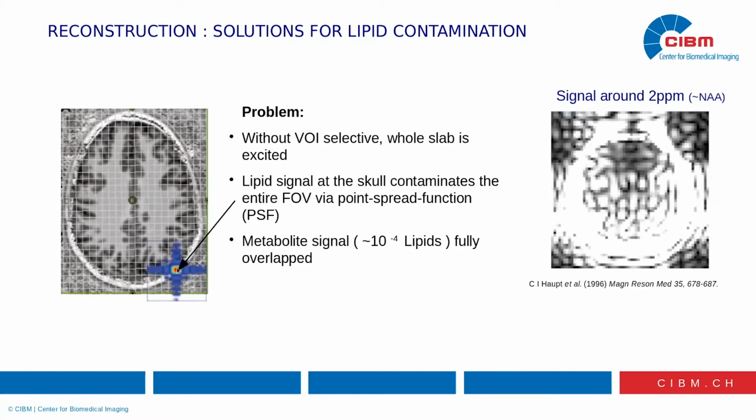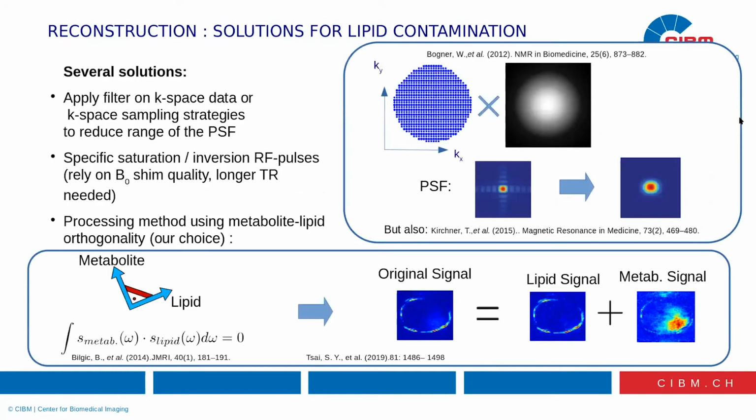But still, when we have a lipid signal that is orders of magnitude higher than the metabolite signal located inside the brain, then this lipid contamination is completely overwhelming the metabolite signal. As an example, I take this illustration from already 1996, where they show that when making an image of the resonance at 2 ppm by the NAA, we see that this resonance is fully contaminated by the lipid signal at the skull. So we need a solution for that.